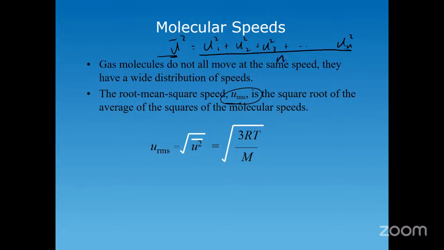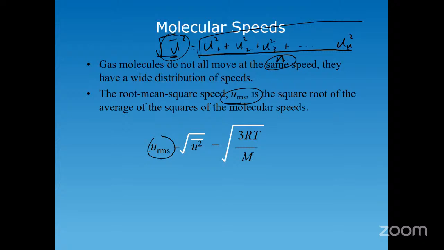It is the sum of all of these speeds, each of them squared, divided by the total number of molecules, right? So when we're talking about the root mean square speed, we're talking about the square root of all of this right here, all right? So we use this as a proxy for the speeds of a molecule, basically. And we look at that in terms of relating to other properties, which we're going to discuss shortly, right?